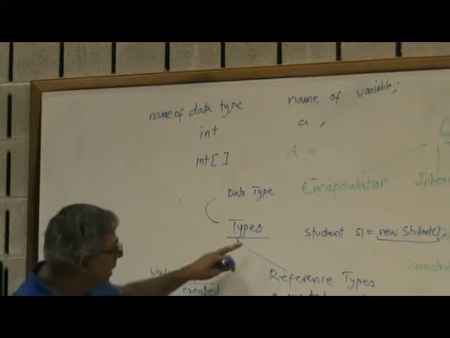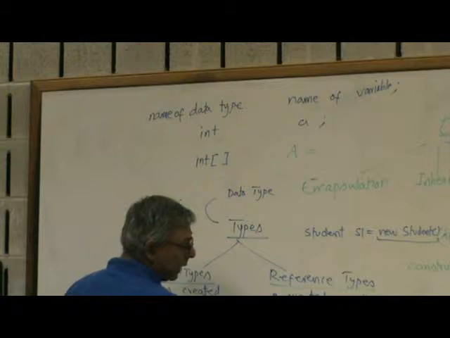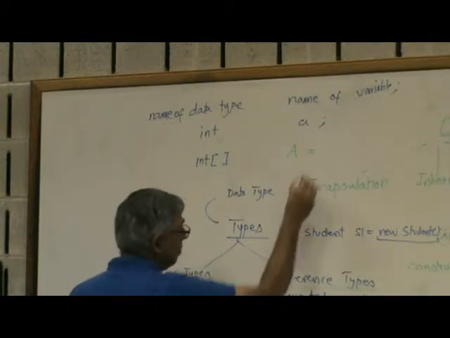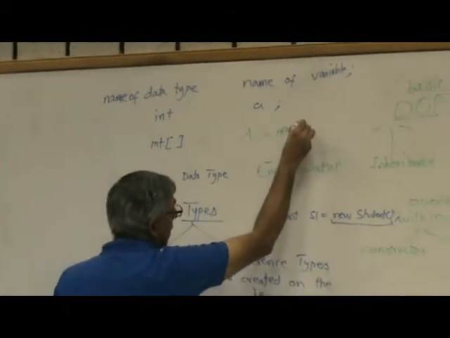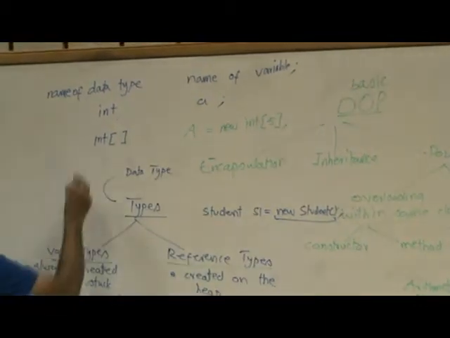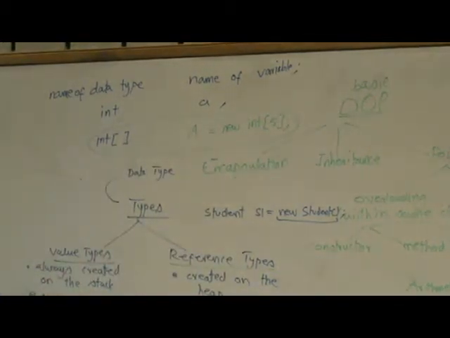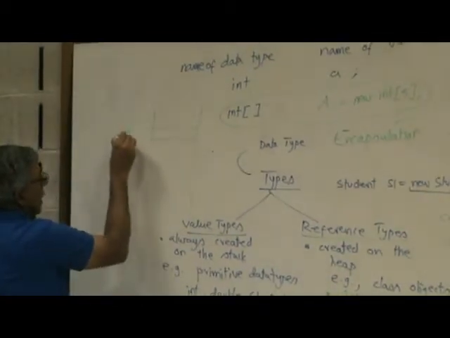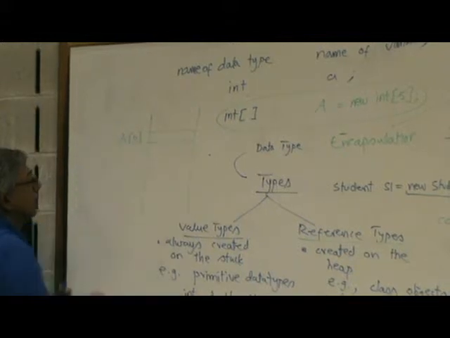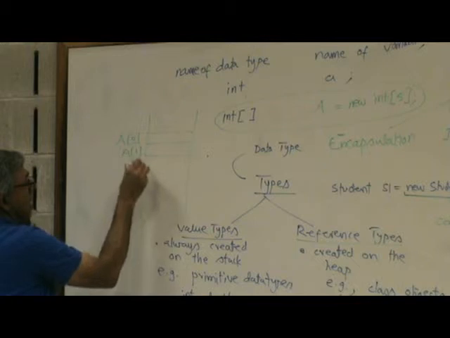But remember we said this was a reference type, so the memory has to come from the heap. So now you will further say new int of 5 as an example. This is the total declaration for creating an array. What does it do? It basically creates 5 variables. The first variable starts with the index of 0. Second variable, index of 1.